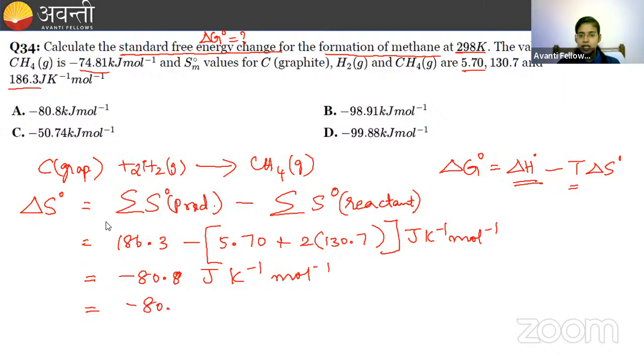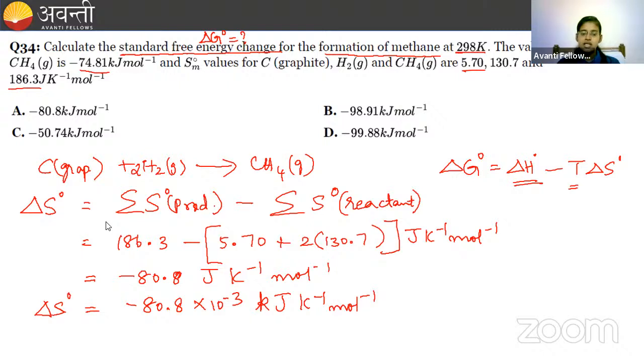So it will be 80.8 into 10 to the power minus 3 kilojoule per Kelvin per mole. Why have I converted this from joule to kilojoule? It is because all the options are given in terms of kilojoule.